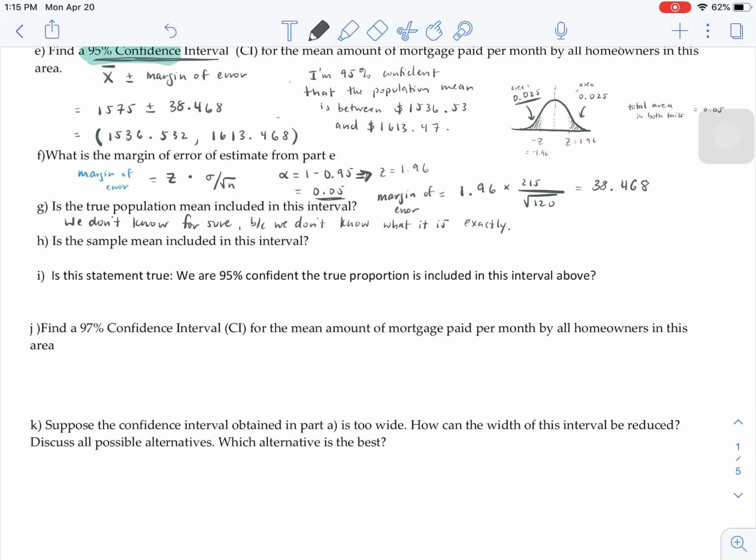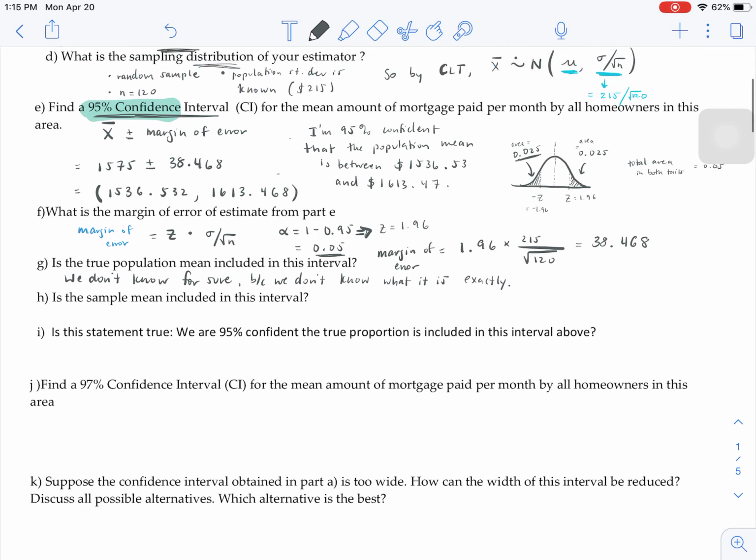Is the sample mean included in this interval? Well, how did we make our interval? We took the sample mean and we added or subtracted a certain amount from it. That's what we did right here. So, since it's at the center of our interval, it's always in there.